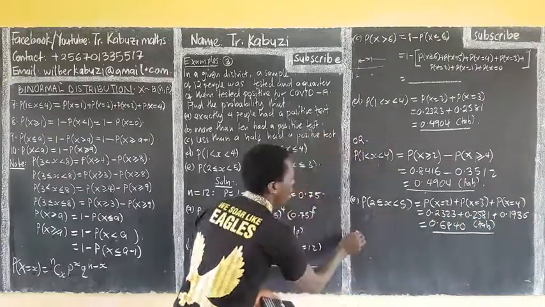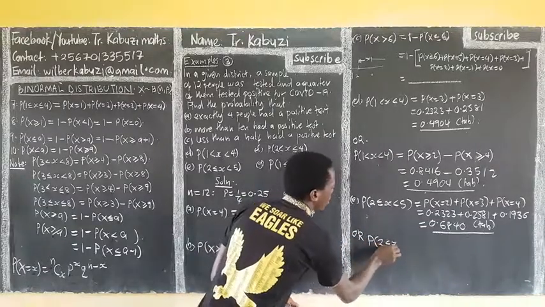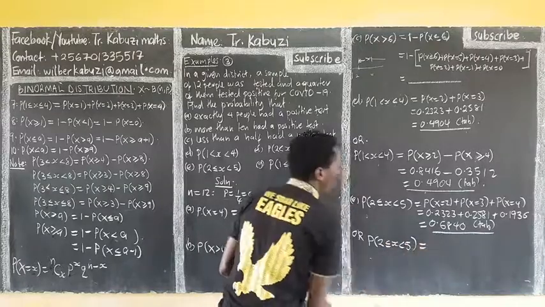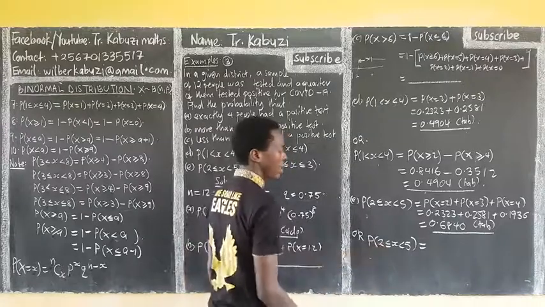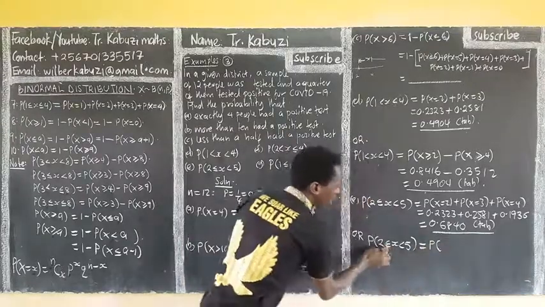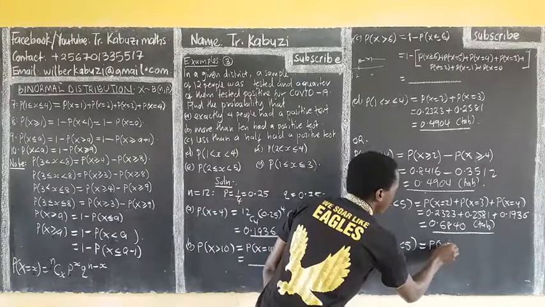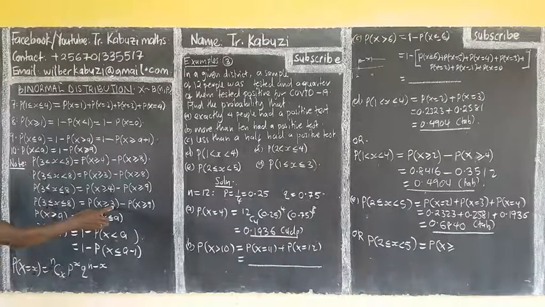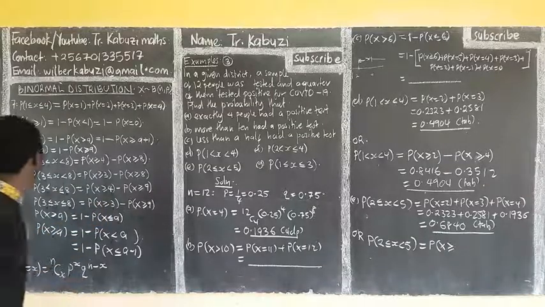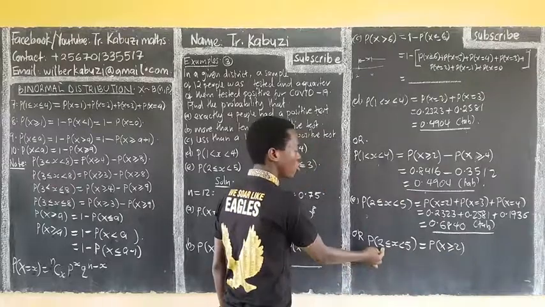Now alternatively, you can say the probability of 2 less or equal to x, that's 5. Now you see, this time we need a 2 because of this greater or equal to 2 sign. When we have an equal sign, we need that value, so it's going to be 2.